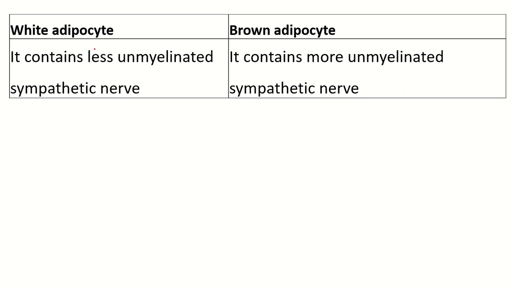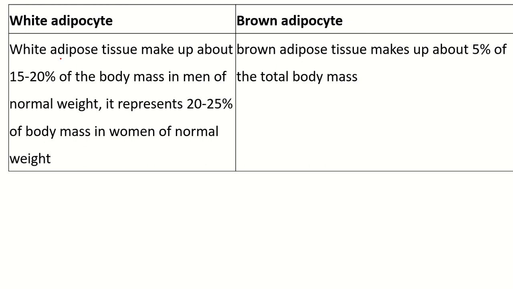The white adipocyte contains less unmyelinated sympathetic nerve, but brown adipocytes contain more unmyelinated sympathetic nerve. The white adipose tissue makes up about 15 to 20% of the body mass in men of normal weight, and it represents 20 to 25% of the body mass in women.